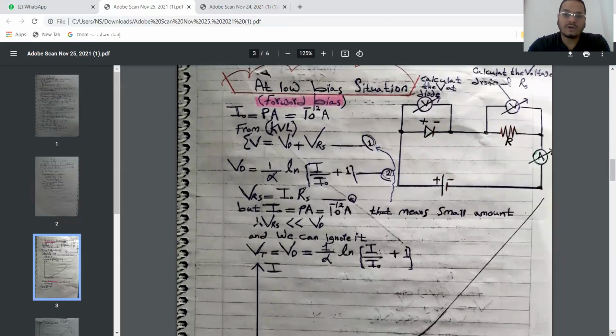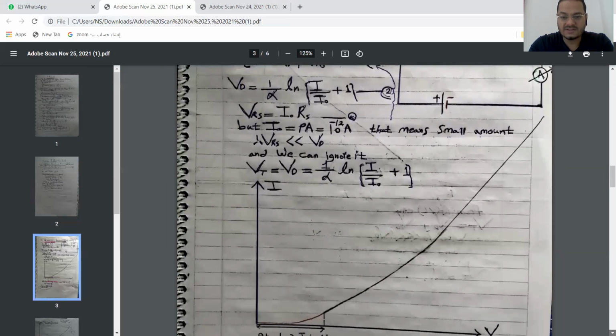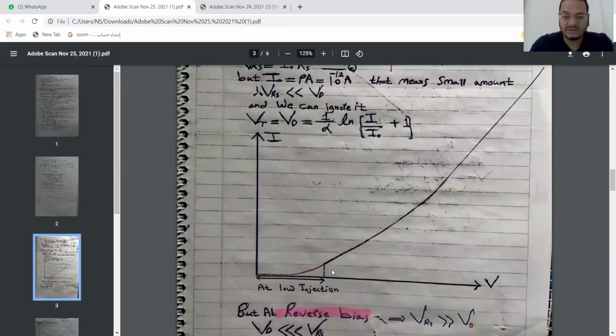Now let's work on low bias saturation. At first, we were working on the middle, that means from V1 to V2 until here. This is the middle of this curve. Now we will work at low injection, that means at this small region.